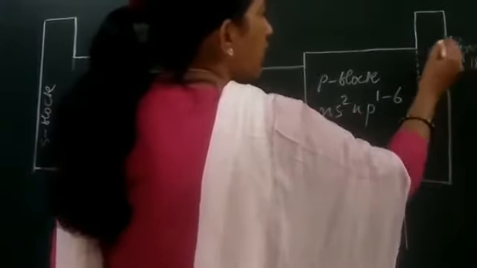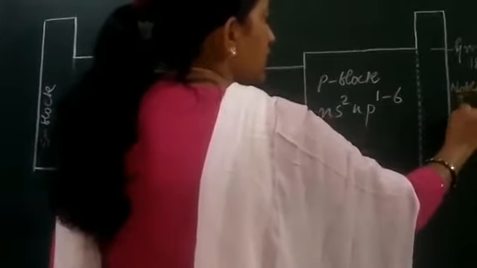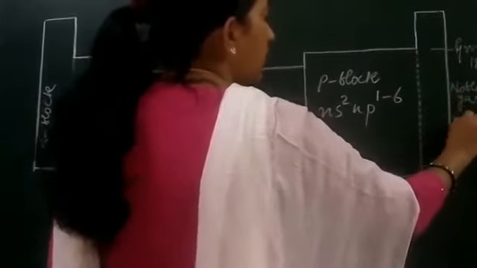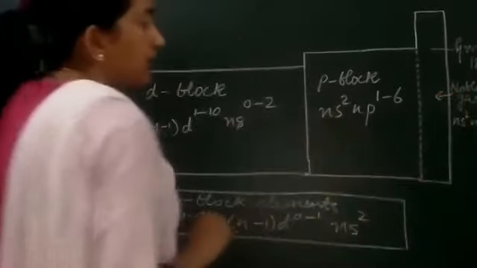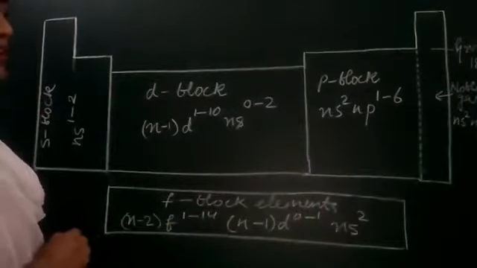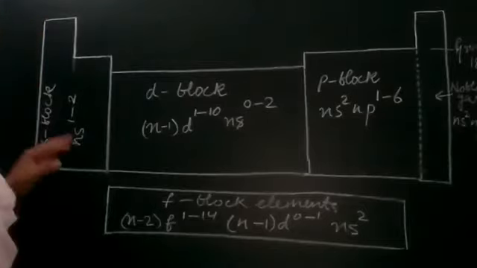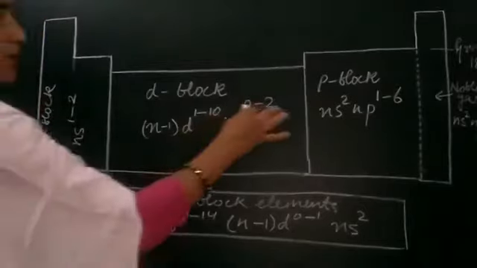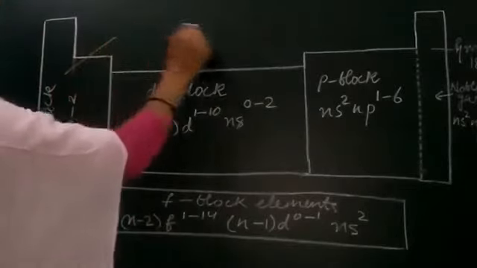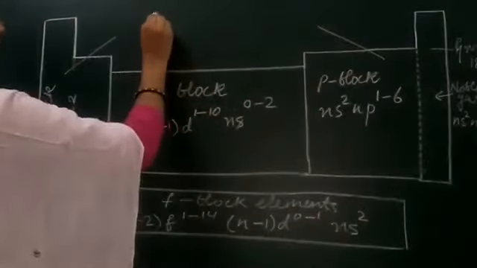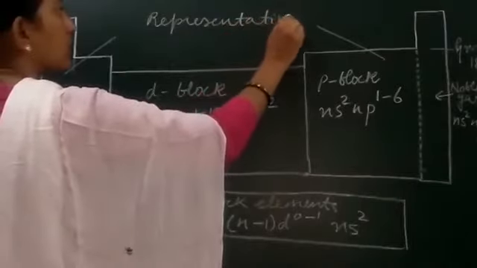Now this group 18 is of noble gases, which has the complete configuration ns2 np6, and since the outermost shell is getting filled up in the p subshell, it will also come under the p block elements. Now the s block and the p block, these two blocks are known as the representative elements.